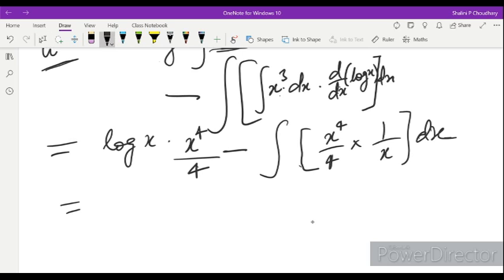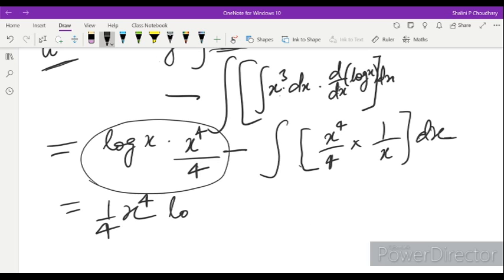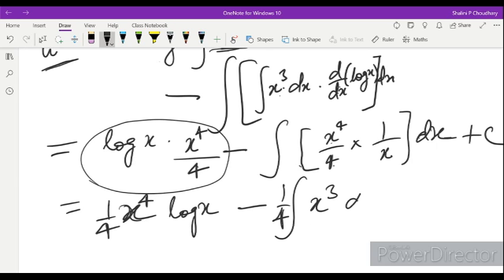So this will be 1 upon 4 x to the power 4 log of x, and plus c we always have to write, because while integrating we get one constant. Minus integral: 1 upon 4 we can take common, that is a constant, and what will be left behind is x to the power 4 divided by x, so only x to the power 3 with respect to x, plus c.